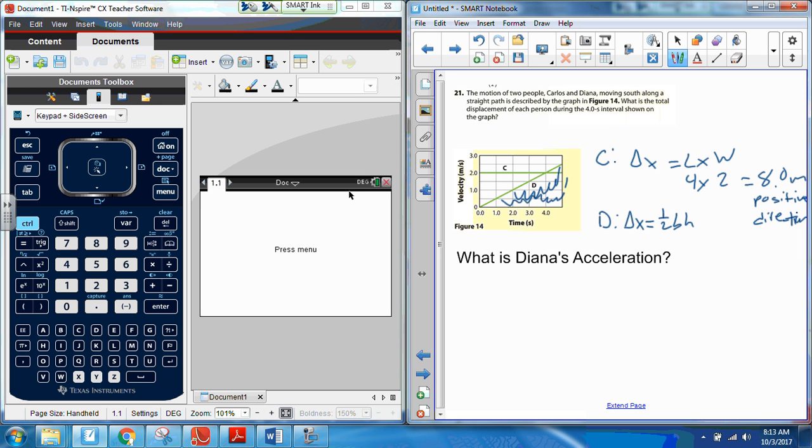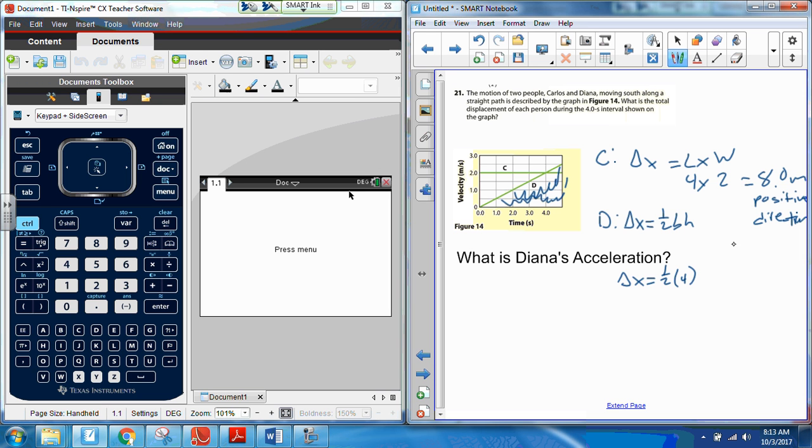So area of a triangle is 1/2 times base times height. So for Diana, to get the delta x, it'll be 1/2 times 4 times 2.